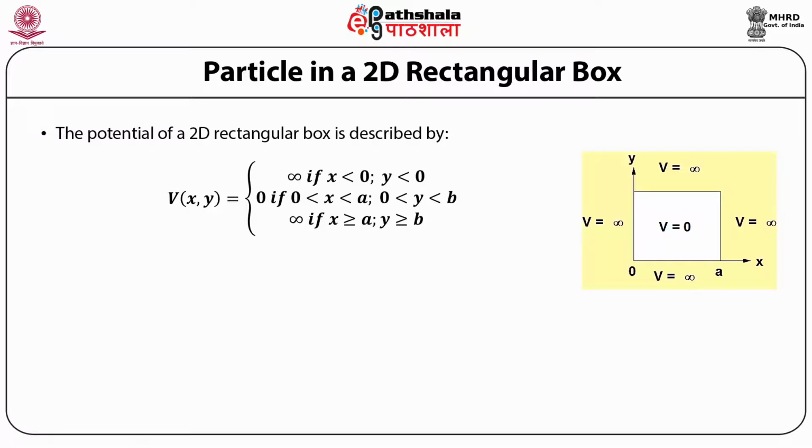where kx square is equal to 2mEx by h cut square and ky square equal to 2mEy by h cut square.